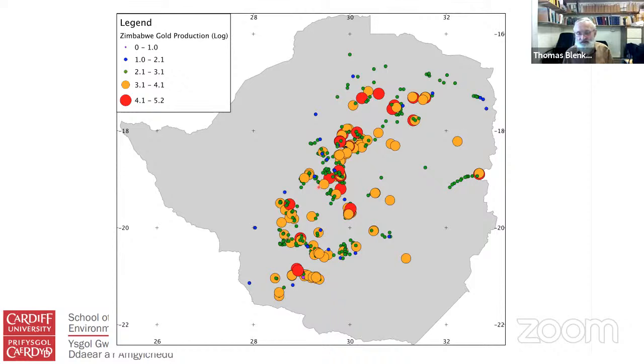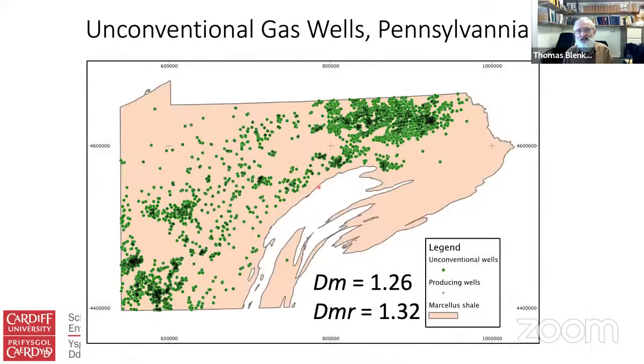And this is where I'm going to stray a little bit from our strict ore deposits context. I'm also going to show you some results from gas wells in Pennsylvania, unconventional or fracking gas wells, which of course have made such a huge difference to the energy scene in the world on a global scale by establishing a large degree of independence for the USA from other supplies of hydrocarbons.